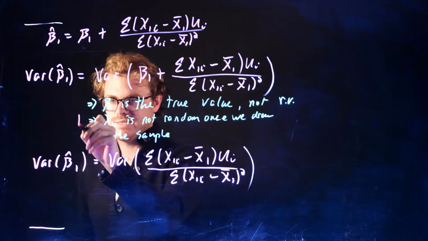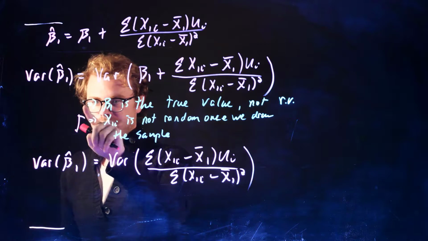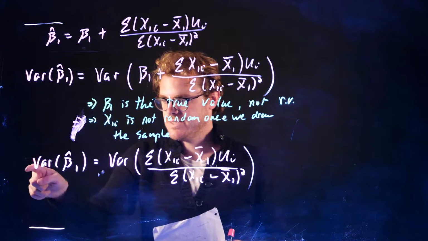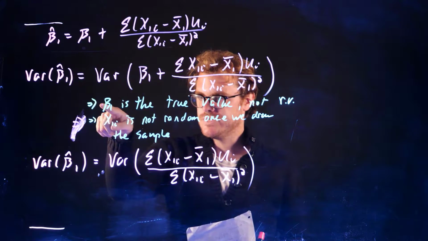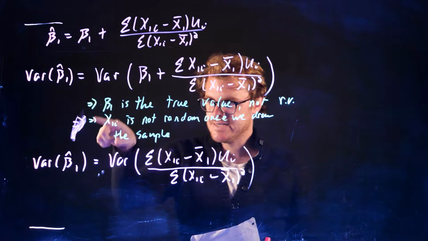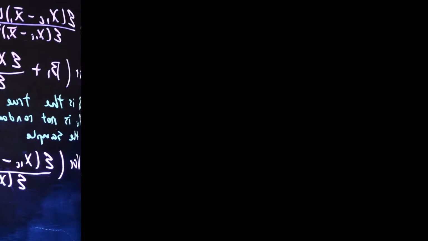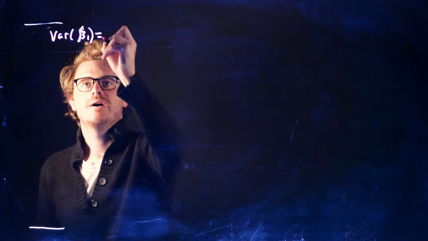And that's, I guess, this part of it. So here we're using this first thing to get rid of the beta 1, and now we're going to use this second idea, this idea that x1i is not random. So as we were just seeing, we have the variance of beta hat 1.